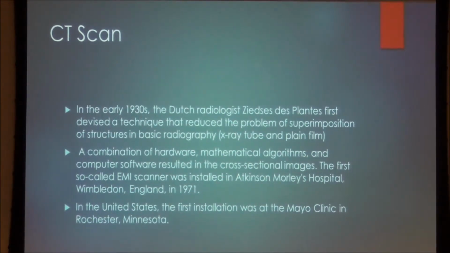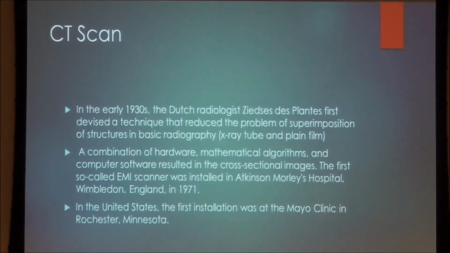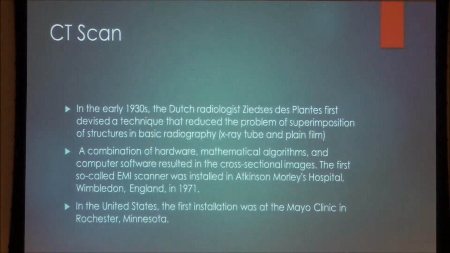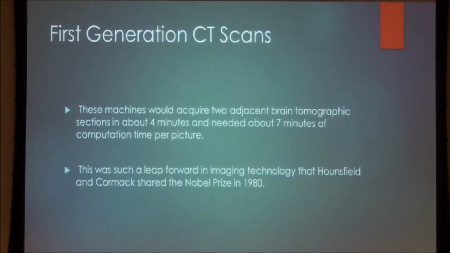The combination of hardware, mathematical algorithm, and computer software gives you the images that we have now. The first scanner was installed in Wimbledon, England, in 1971, and the first installation in the U.S. was done at Mayo Clinic in Rochester, Minnesota, I think in 1976, probably. I don't remember the exact date.